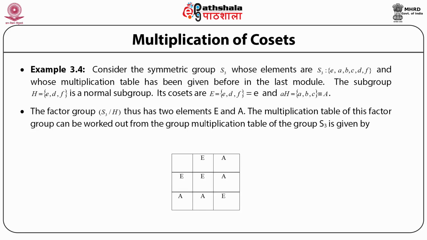It says that the multiplication of E and E gives E, E with A gives A, A with E obviously gives A, and A with A gives E.